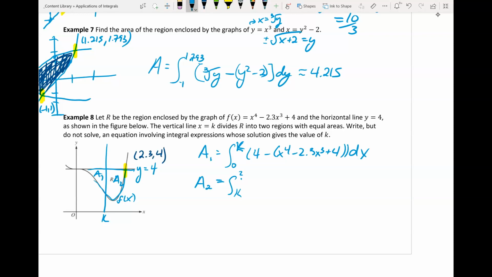So you would graph f of x and y equals 4 together, and then find that intersection point's coordinates. Okay, so that x value is going to be 2.3 then. Our top function is 4. Our bottom function is f of x, which is x to the power 4 minus 2.3x cubed plus 4.